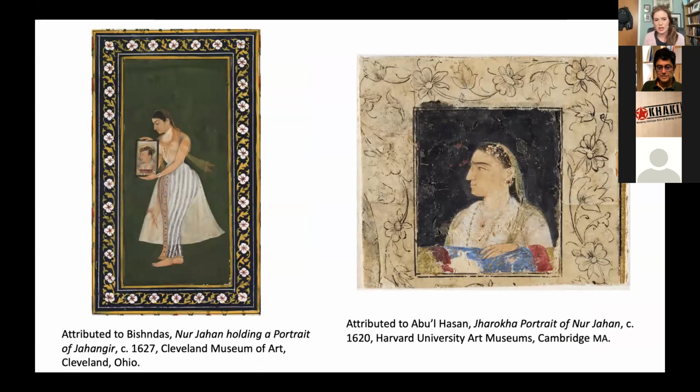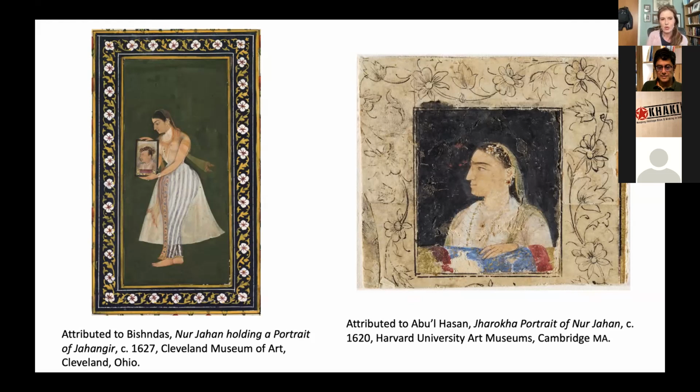These are 2 portraits also closely associated with Nur Jahan. And the Jharokha portrait on the right is attributed to Abul Hasan. Again, I think we have an idea of a distinct physiognomy here, with her eyebrows, this very strong nose, the lips. To me, this is actually a figure who looks like the painting we previously saw with the dalliance on a terrace.